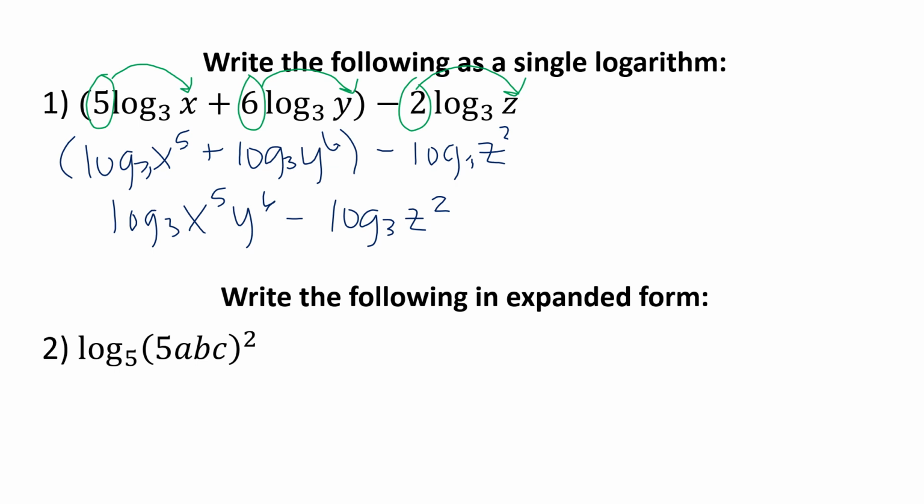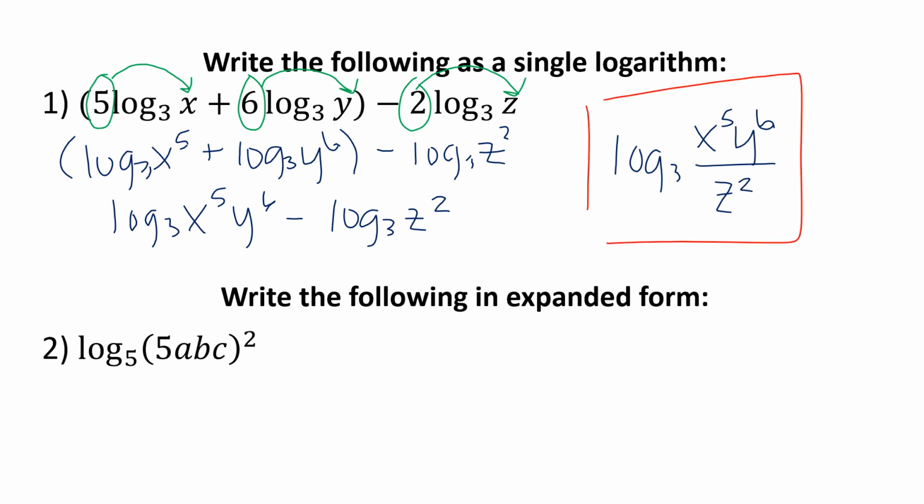And now, when I go to simplify the final way, subtraction changes to division. So your final answer would be log base 3, where x to the 5th and y to the 6th are in the numerator, and z squared is in the denominator. Notice that I only have one log written, right? Write it as a single log, so you do not want to have 2 logs. It should only be 1 log, and then the division symbol is usually halfway in between the two.